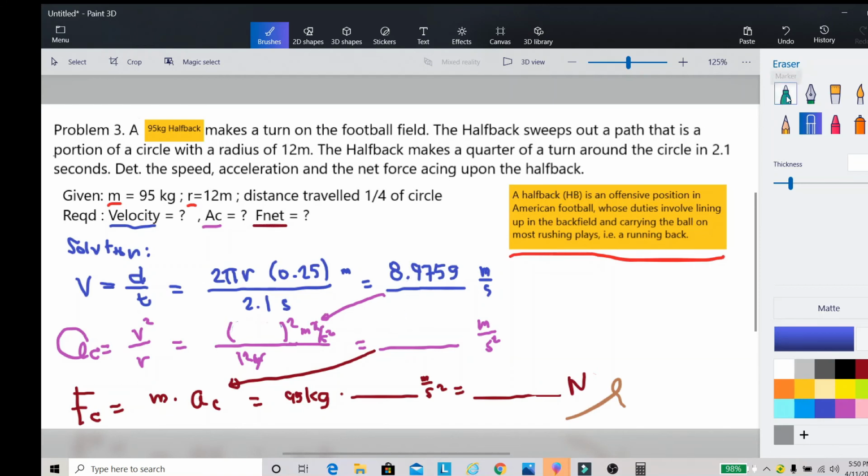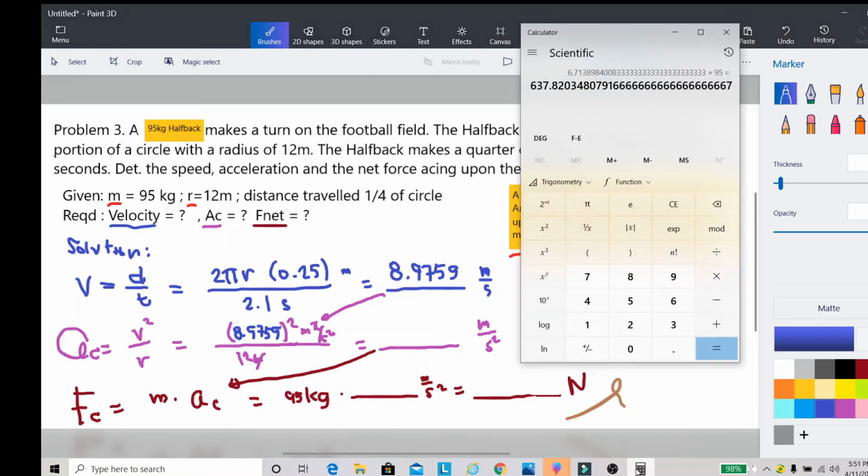And then if we have here 8.9759, so let us write here 8.9759. Okay, and then we're going to square that, divided by 12 meters. So let's grab that calculator.